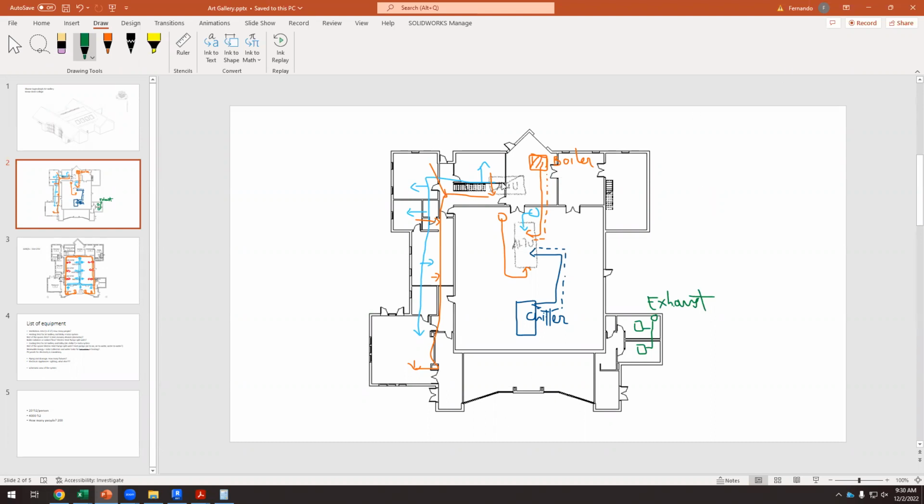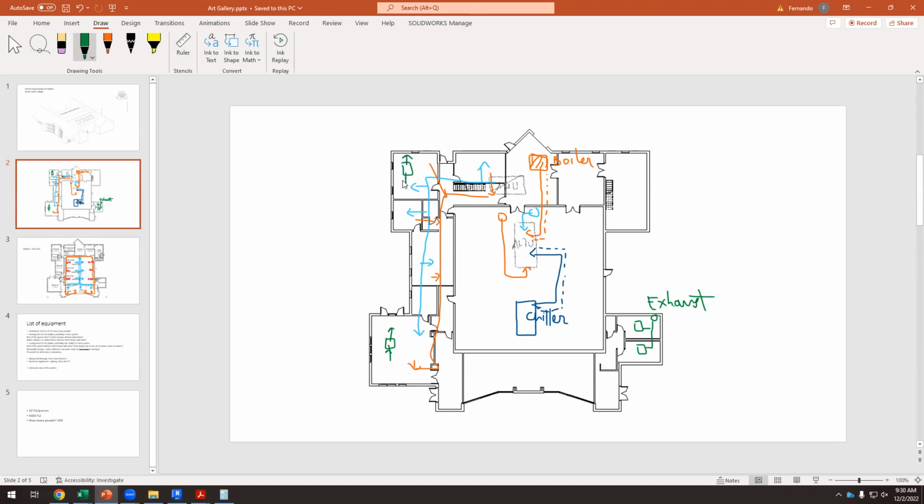Well, what about this air handling unit? For small spaces, I think I'm going to have the air handling unit with heat recovery only for the ventilation, but I'm going to have a split system in each space. The same thing I had in the other assignment.